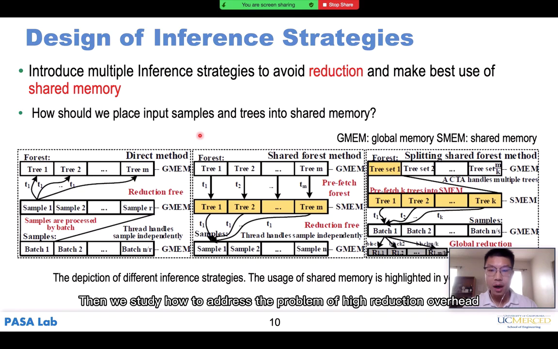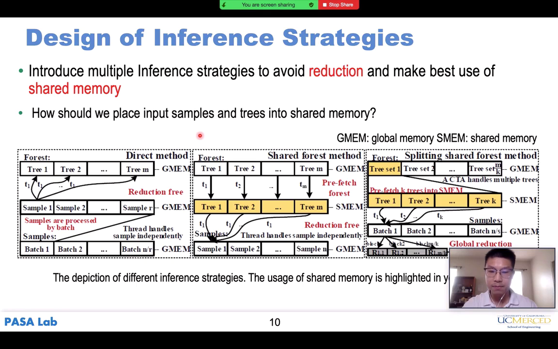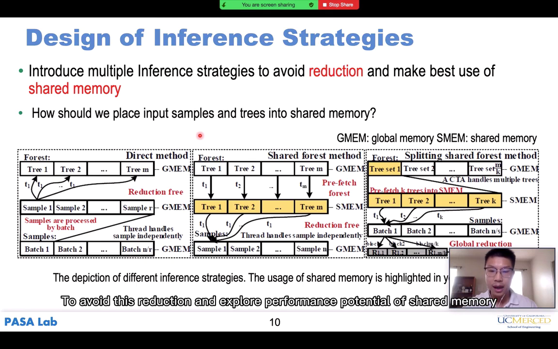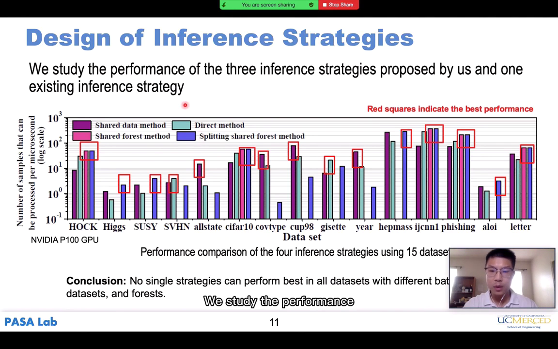Then we study how to address the problem of high reduction overhead. We also explore how to make the best use of shared memory for high performance. To avoid the reduction and explore the performance potential of shared memory, we introduce several inference strategies as follows. These strategies use the shared memory and the reduction mechanism differently. We study the performance of the four inference strategies using 50 datasets on an NVIDIA V100 GPU.